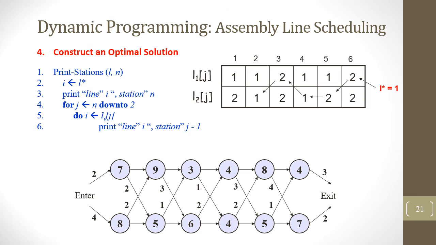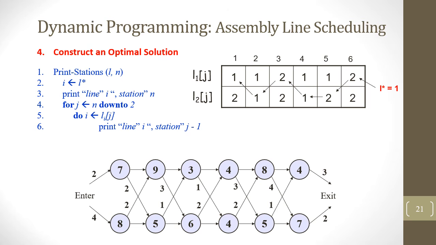So we backtrack to station 2 line 2. And we came to station 2 line 2 from line 1. So we go to line 1 station 1, and station 1 line 1 we came from line 1.